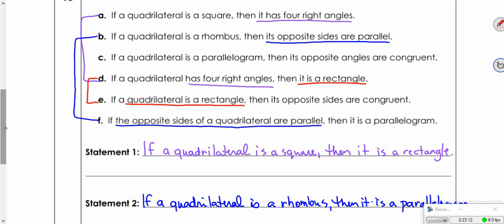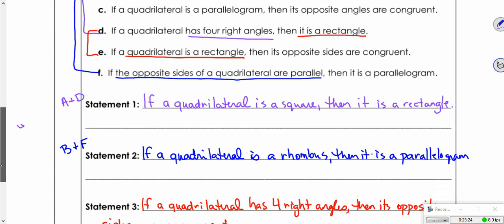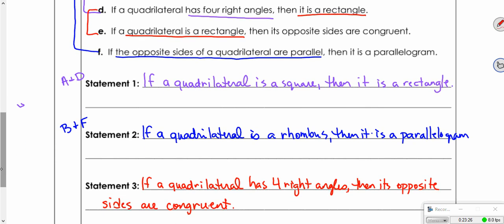So this was A and D. Let me write these. This was A and D. This was B and F. The next one was D and E.